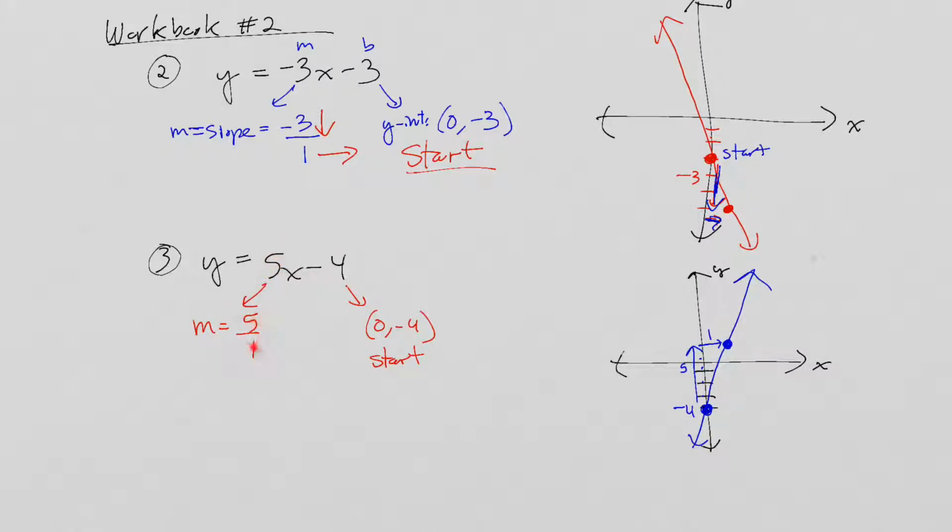Slope is 5 over 1. The b is negative 4, so that is a y-intercept of negative 4. So we start at the negative 4, go up 5 over 1, plot the next point, connect the dots, and that is it.